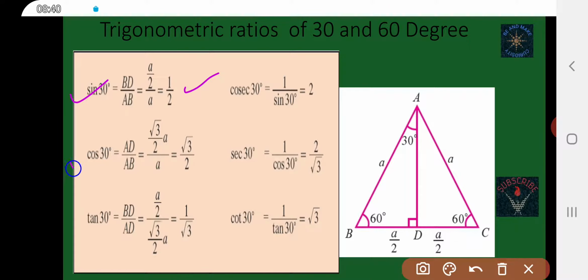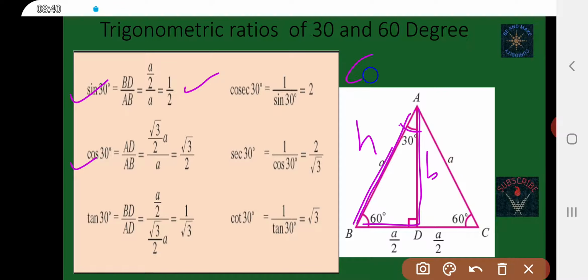Now you find cos 30 degree. Cos 30 degree in this right angle triangle. Here base is your AD, and hypotenuse AB.